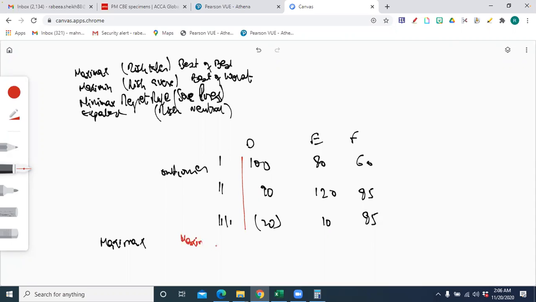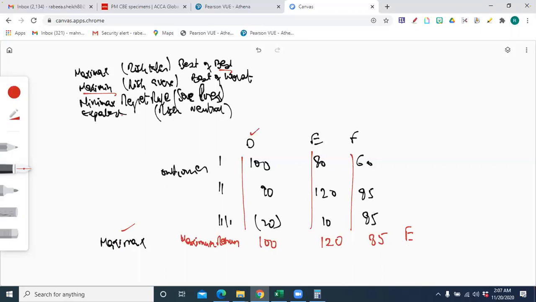Go very systematically. First, calculate the maximum return in all the scenarios against the decision. So if he takes D, in all the scenarios, the maximum return is 100. For E, the maximum return is 120. For F, the maximum return is 85. So if he is a risk taker, he wants to take the best of the best. Which project would he take? E. He would take project E. Very good.